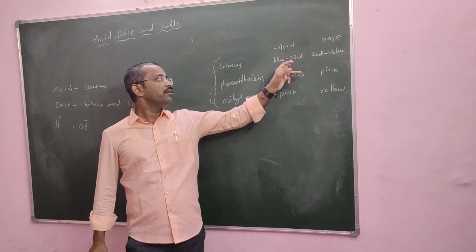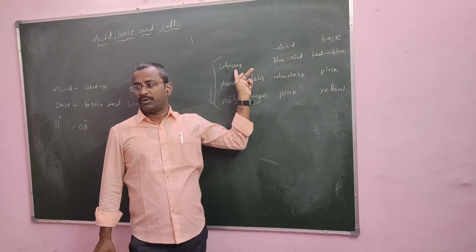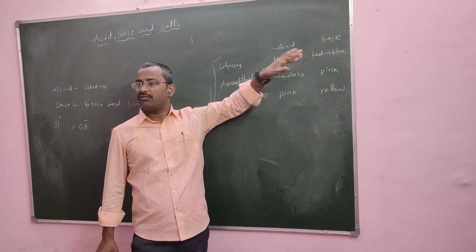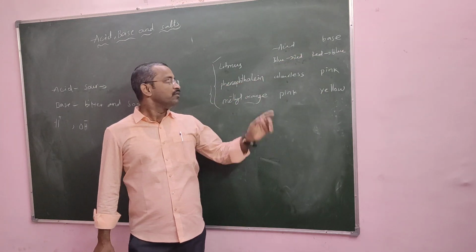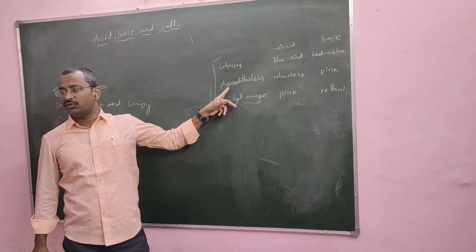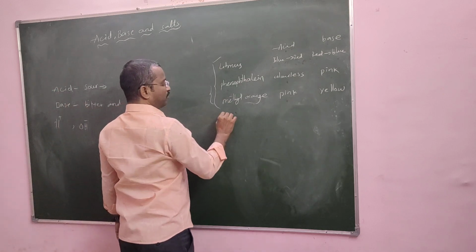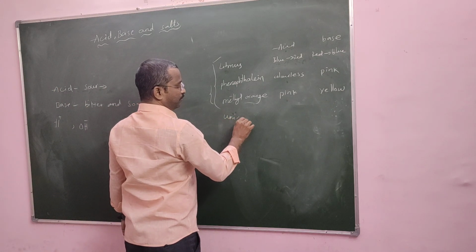So the color identification is not clear when you test with litmus paper. That is the only reason to use a phenolphthalein solution or methyl orange solution to test the color exactly. You can call all of these universal indicators.